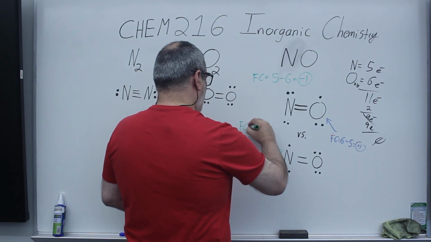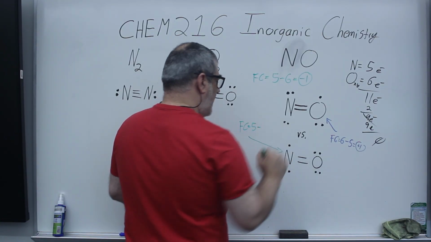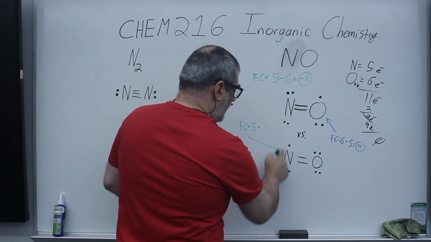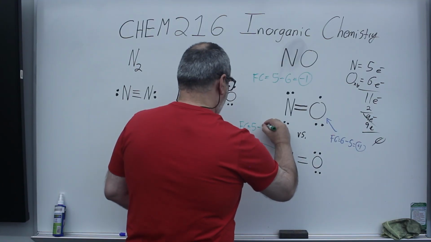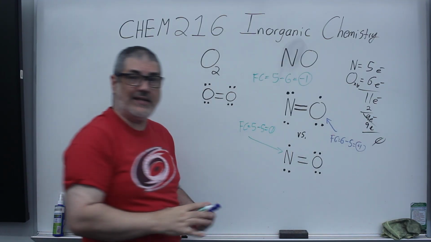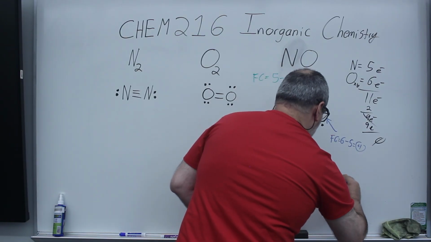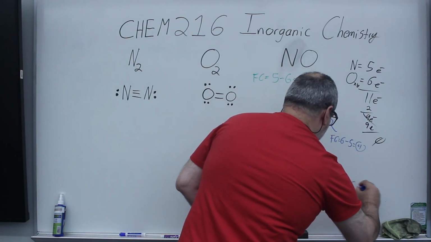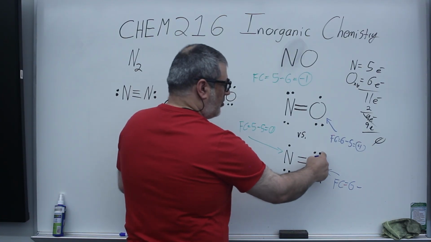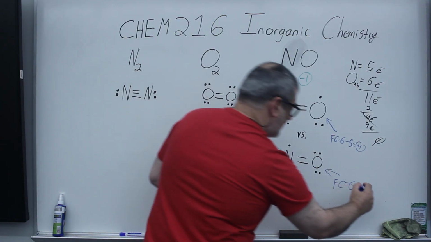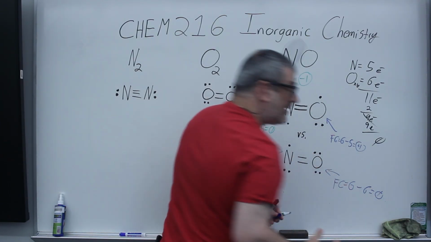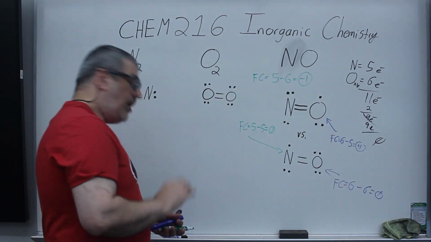Okay? So we have formal charge 5 minus 1, 2, 3, 4, 5. Well, 5 minus 5 is 0. That's a good sign. And for the oxygen, you might suspect, we're going to have 6 minus 2, 4, 5, 6. 6 minus 6, of course, is 0.